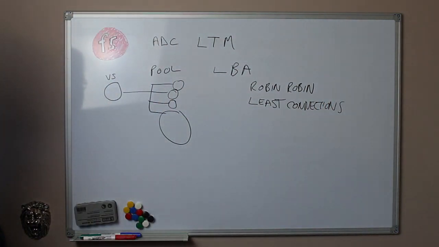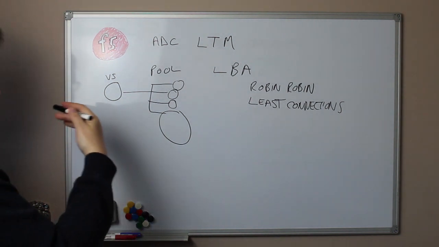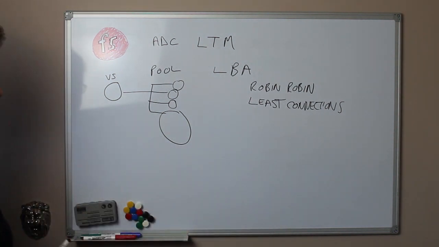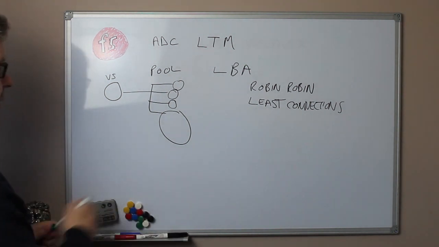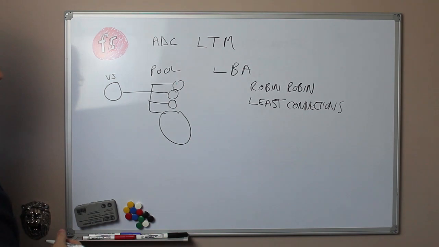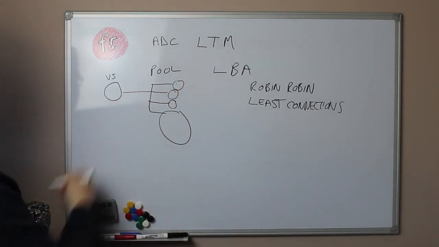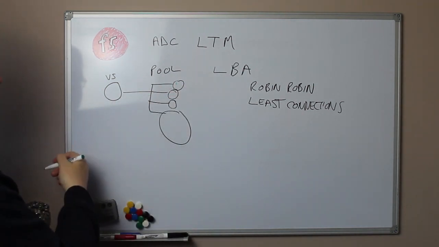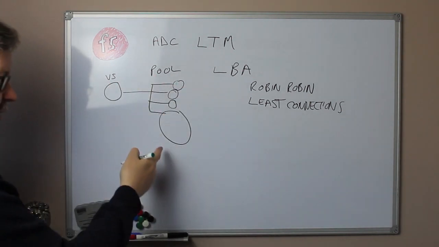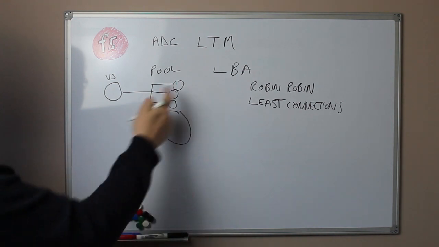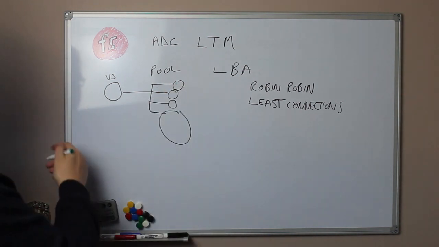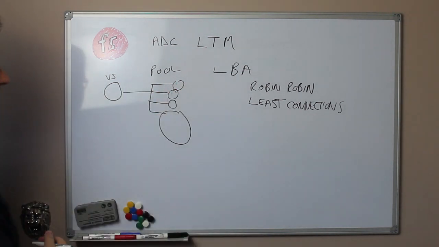So in the least connections method, we start the service, traffic comes in, first request will go to pool member 1, so that will make a connection to pool member 1. Another connection will come in, it'll then look at the pool's members, who has the least number of connections. Well, pool member 1 has 1 connection, so it'll send the next request to pool member 2.